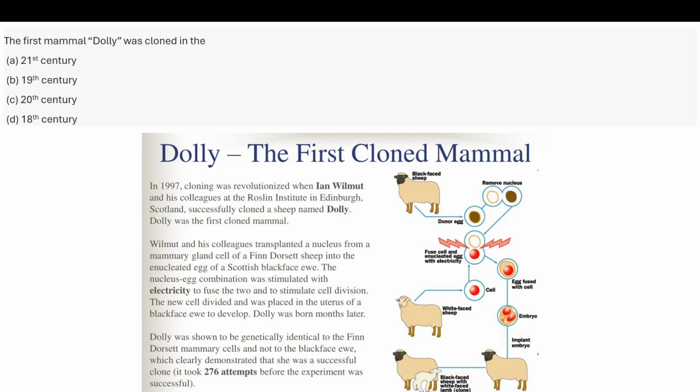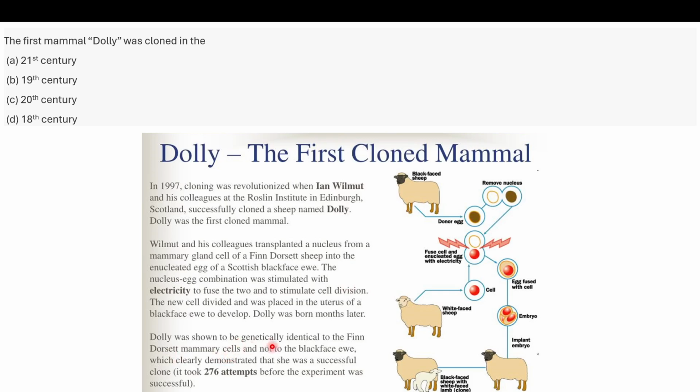But the offspring that was obtained did not have the characteristics of the Blackface sheep. The phenotypic characters were very different; rather, it was similar to the one from whose cell was used.